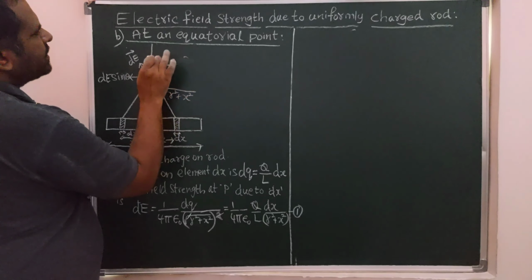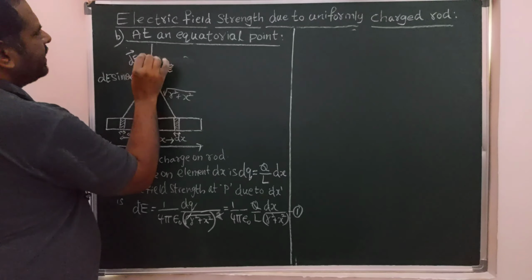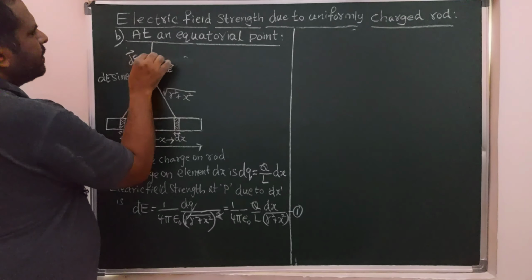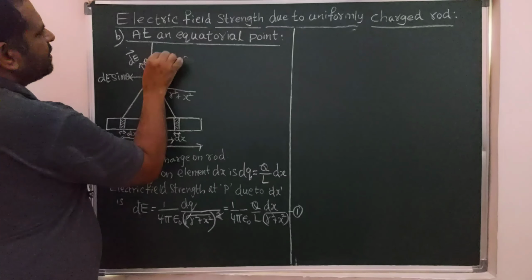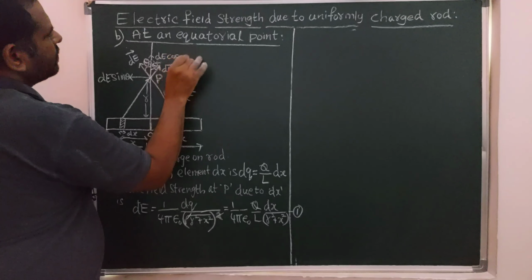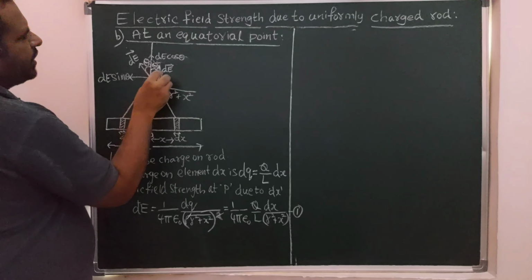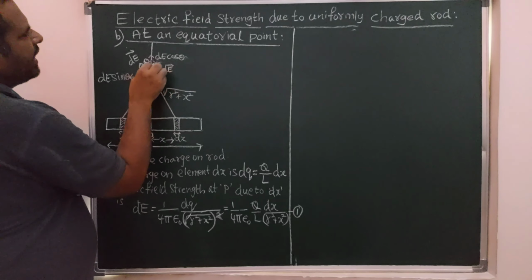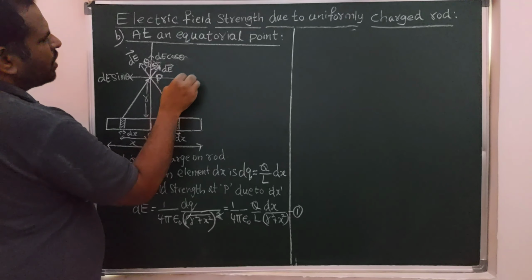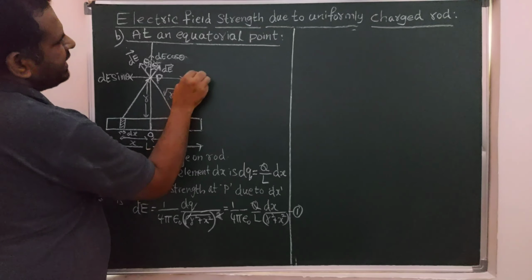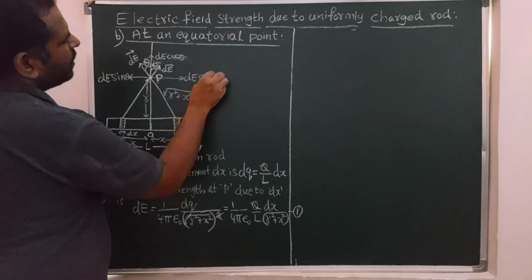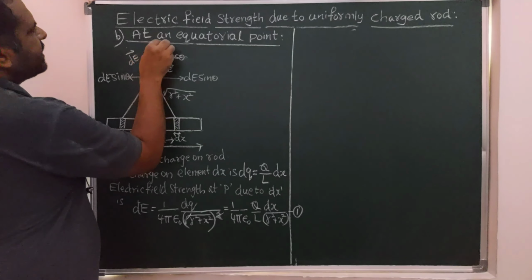So write dE cos theta here. This dE also makes an angle theta with this vertical line, so it is also resolved into two components: dE sin theta along this direction, and dE cos theta along this direction.